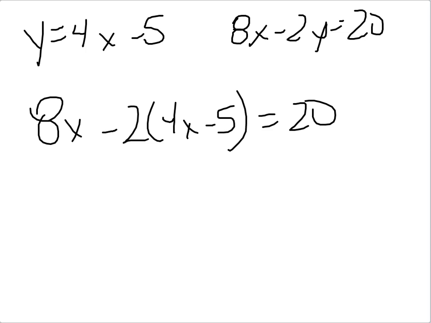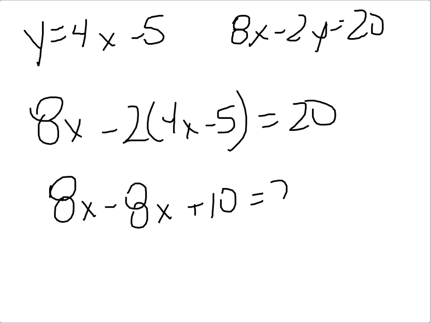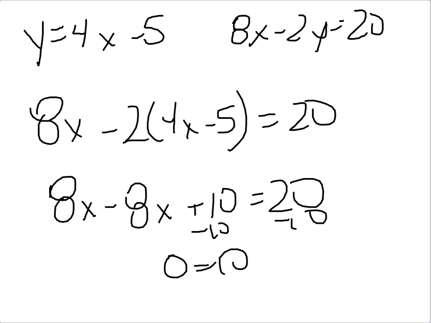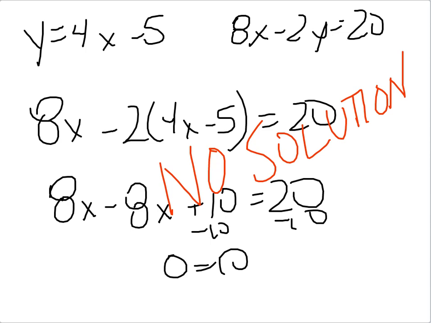And then I've got 8x minus 8x plus 10 equals 20. So I'm going to subtract 10 from both sides, and then I'm going to combine like terms, and I end up with 0 equals 10. And that makes no sense. So this has no solution, because I got something that makes no sense.